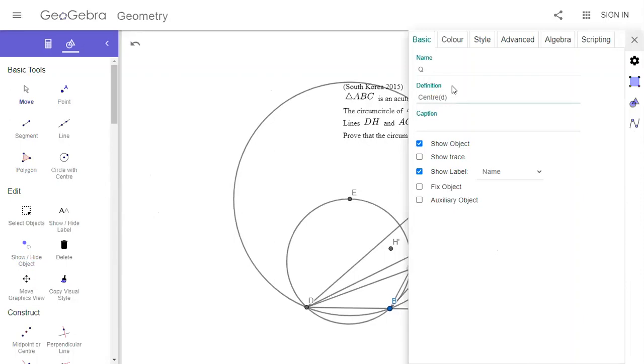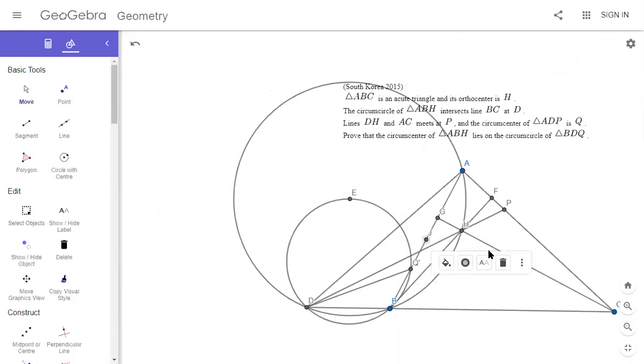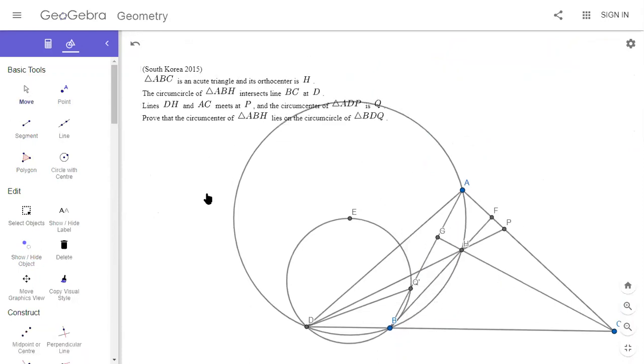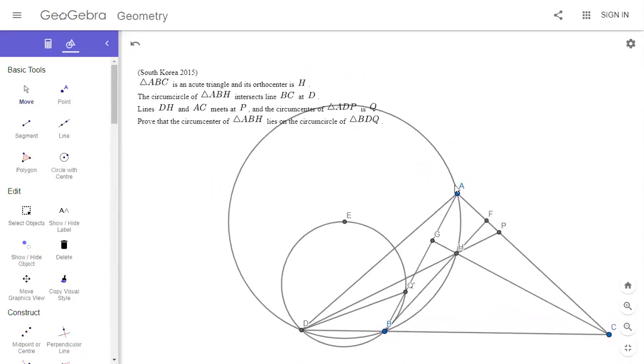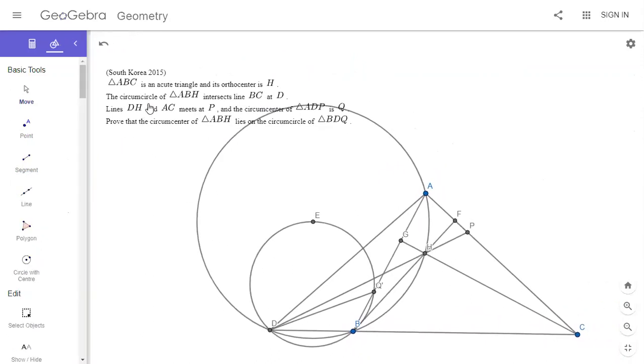So this will be the last problem I do, but I'm going to try to write up the whole solution. So let me make some room.